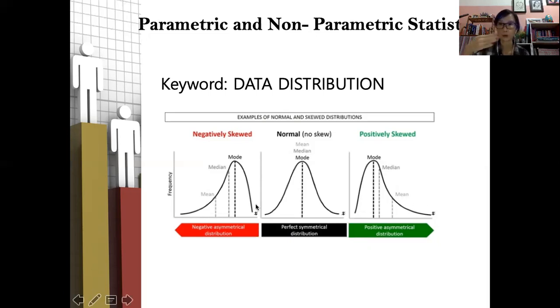It tends to skew in other directions, not peaking in the middle like this. When you have skewed distribution, you will have to use non-parametric statistics, but we will discuss this in the next meetings. What you have to understand now is that you have three types, and these types are related to parametric and non-parametric statistics later. Okay, let's go on.